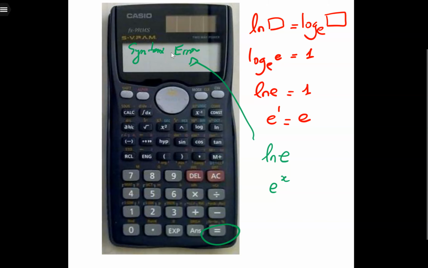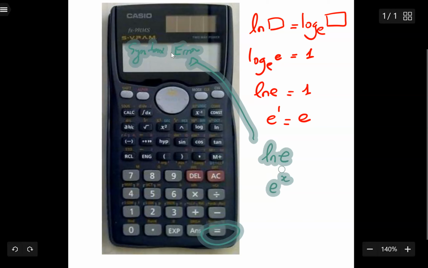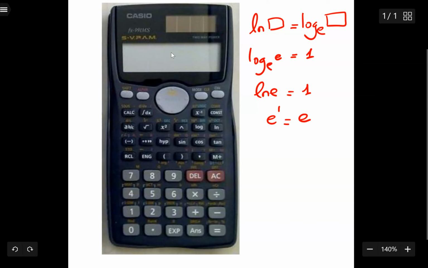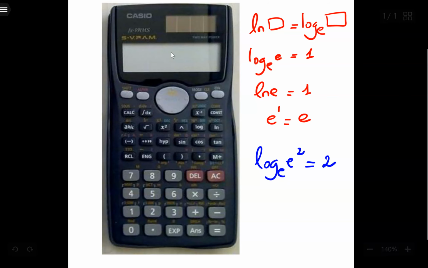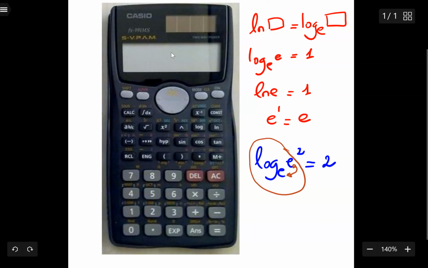Alright, so let's start with the next example, where I ask everyone to check this: log base e of e squared is equal to 2. So why do I write it like this? Because notice that the base of this power is the same as the base of this log. So basically, if the base of the log is the same as the base of your power as the argument, then you can just cancel this out.